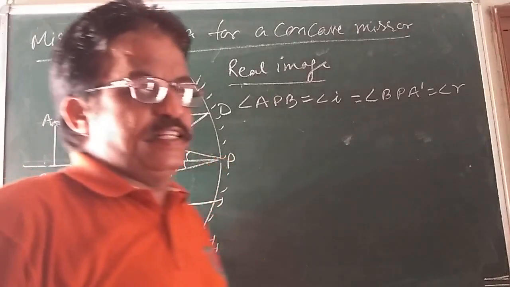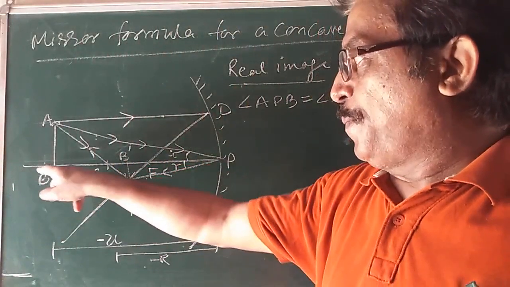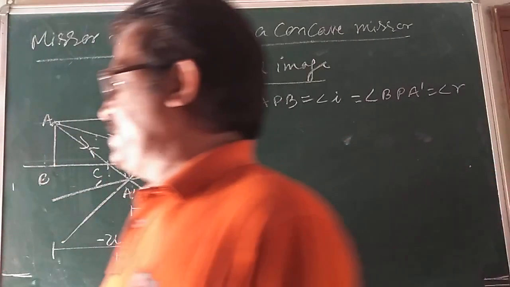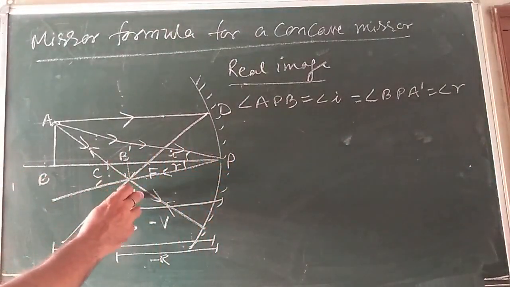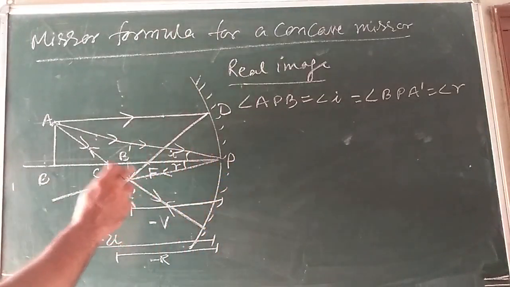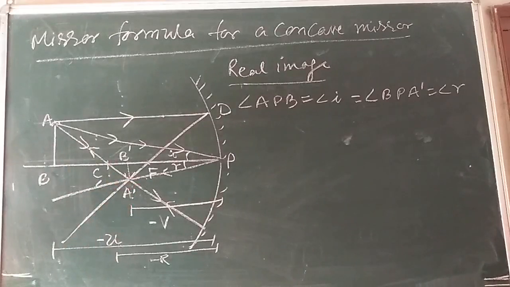A dash B dash is this one, perpendicular to the principal axis, that is real and inverted image. Real and inverted image of an object AB formed by reflection from this concave mirror.